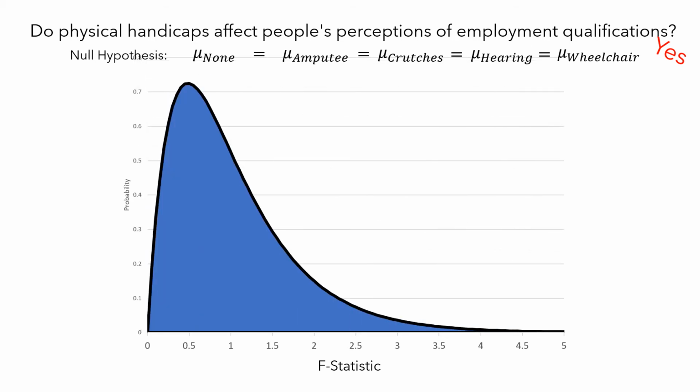And then if we look at our observed F statistic of 2.86, we can compute the probability of getting our observed statistic or larger. And this probability, the p-value, is equal to 3.01%.